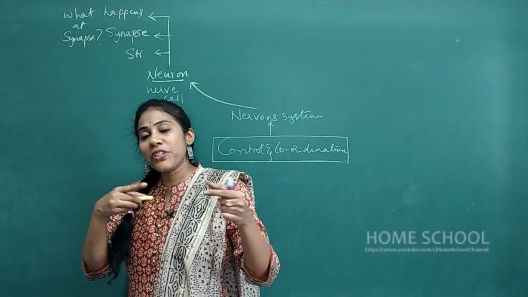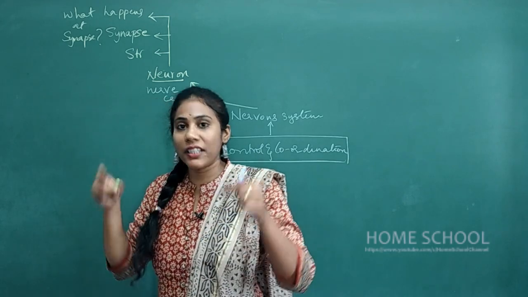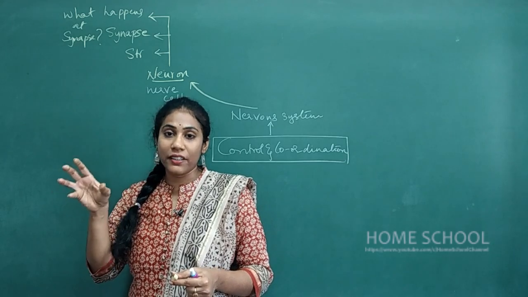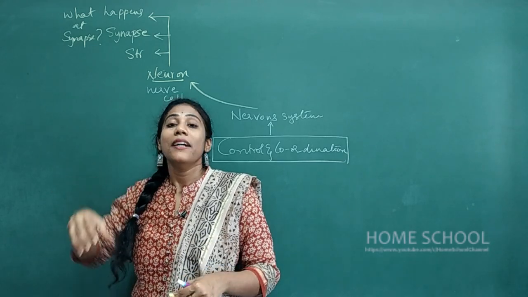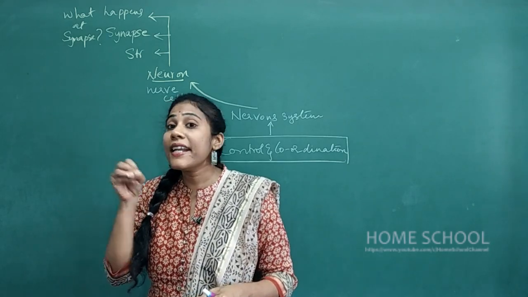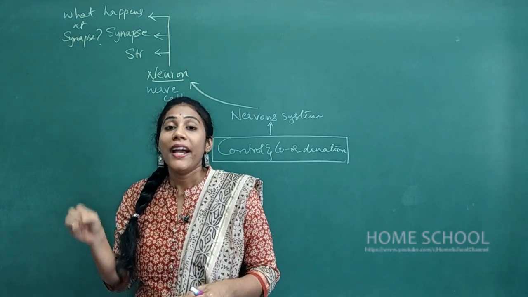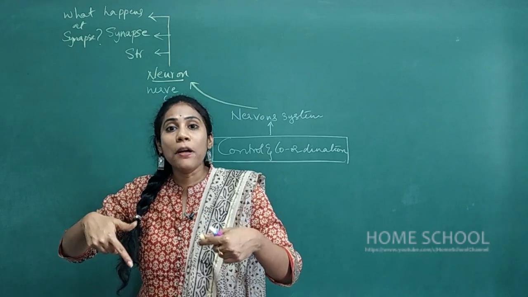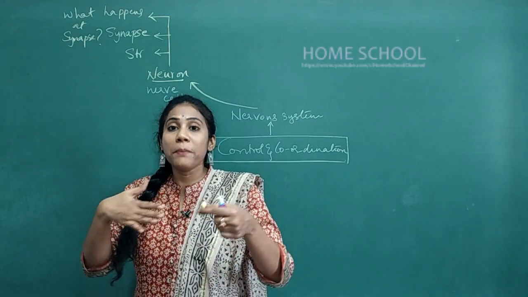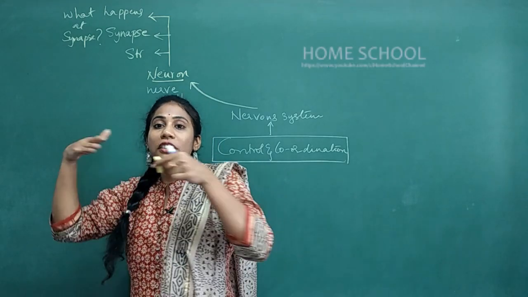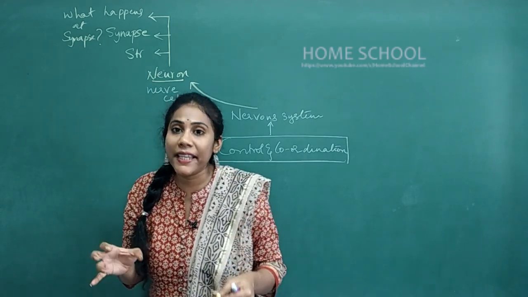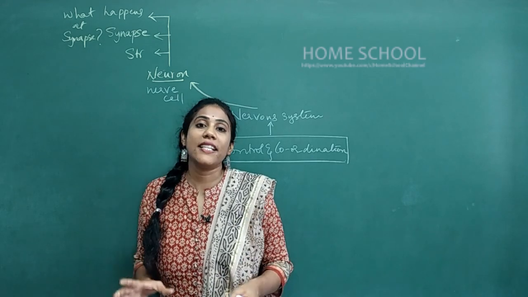The information is passed in the form of electric impulse. The moment it reaches the nerve ending, in the gap, this electric impulse gets converted into chemicals, and we call them neurotransmitters. In the form of neurotransmitters, information is passed from one neuron to another neuron. This is what you have to explain in 3 to 4 sentences.